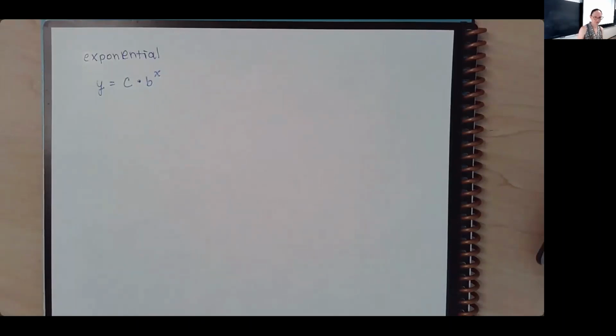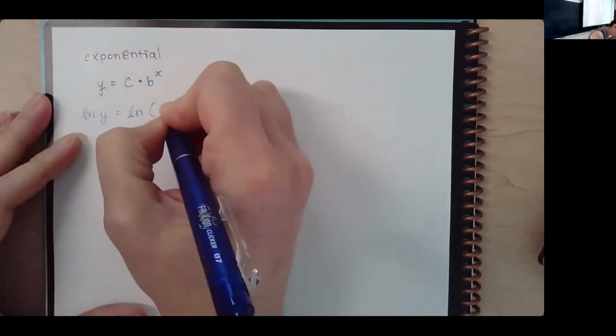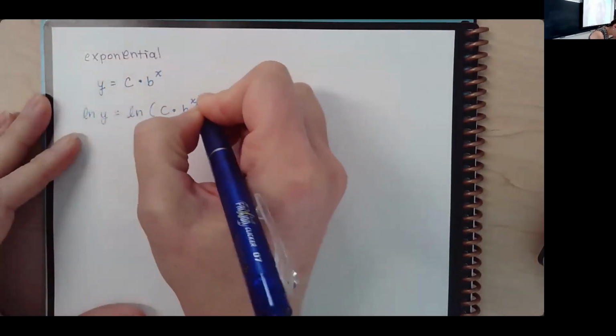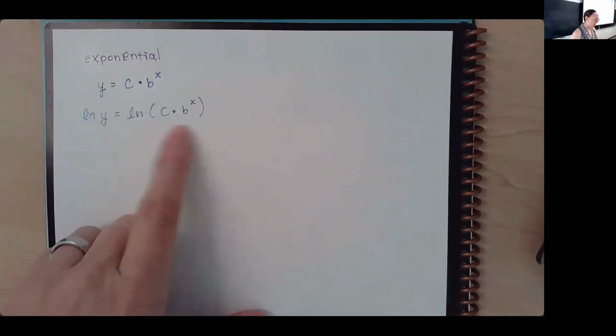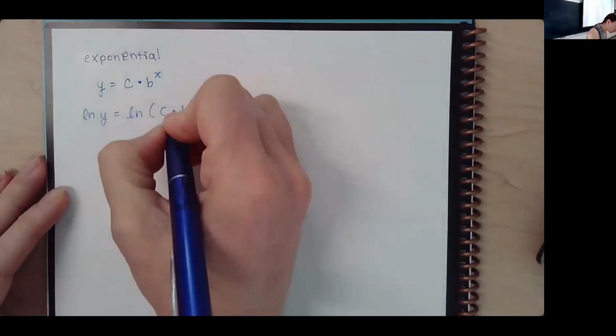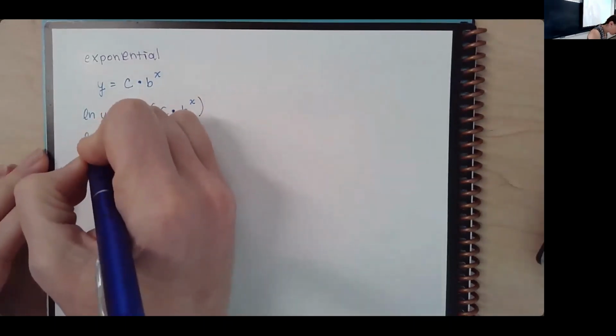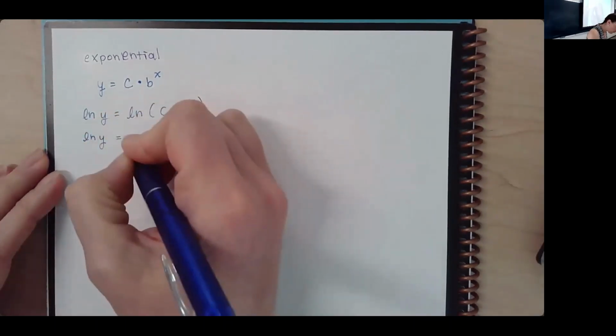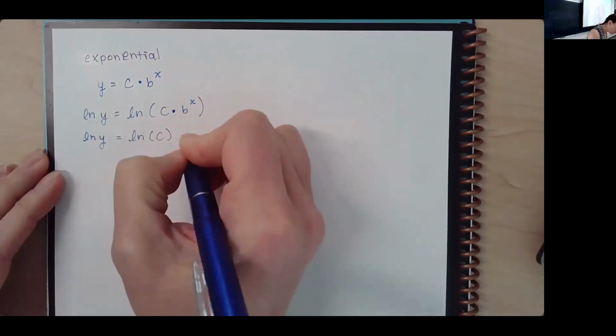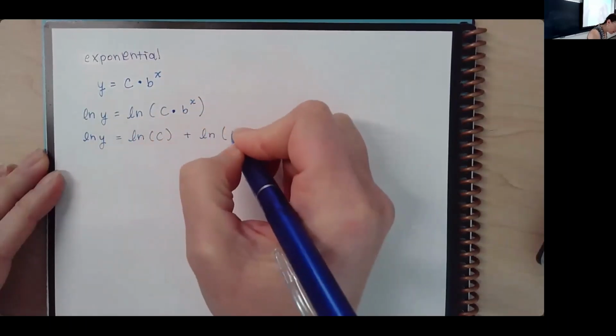Natural log is a little easier for me to write, so I'm going to go with natural log. If I take the natural log of both sides, and then I apply log rules to the right-hand side, if I have multiplication inside of a log, I can break that apart as addition between logs.